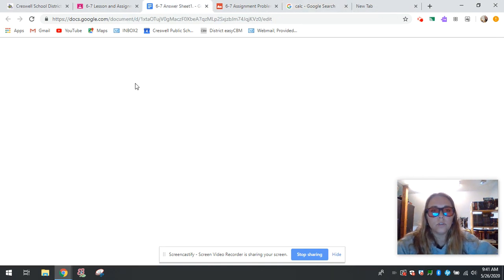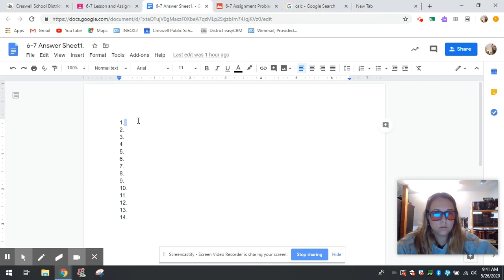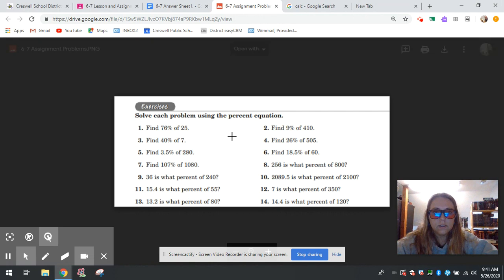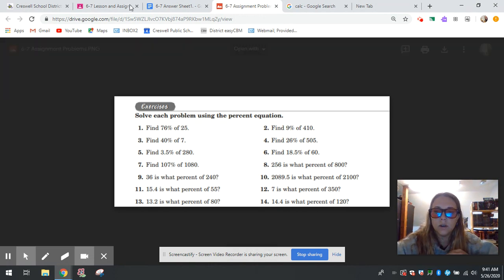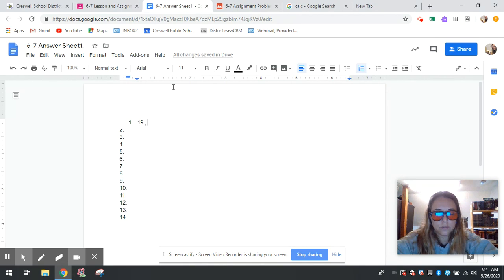So on my answer sheet, I can just write 19, or I can go above and beyond and write that 19 is 76% of 25.